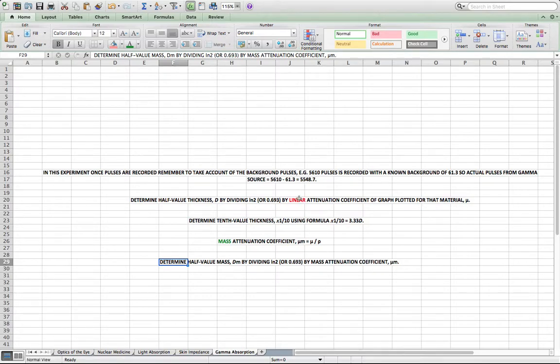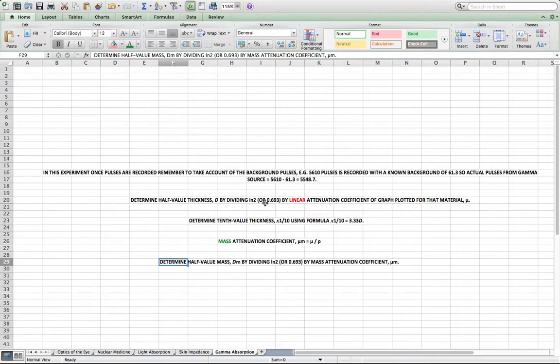So for example, to find the half value thickness of lead, you would divide 0.693 by the linear attenuation coefficient found from the graph of lead.